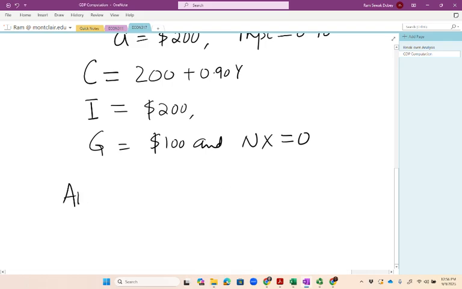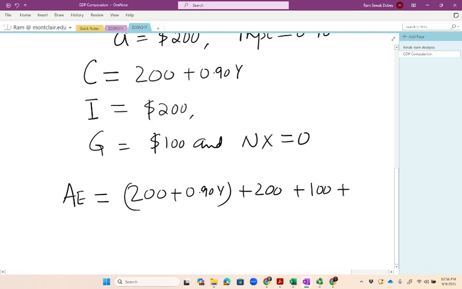With this information, the aggregate expenditure is the household consumption, plus the investment, plus the government expenditure, plus the net export. I can simplify it to be 200 plus 200 plus 100 makes it 500 plus 0.9 times Y.